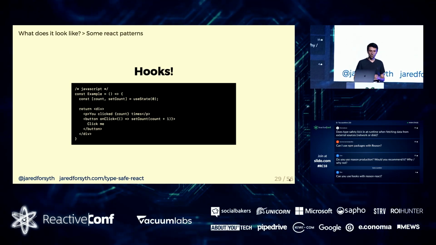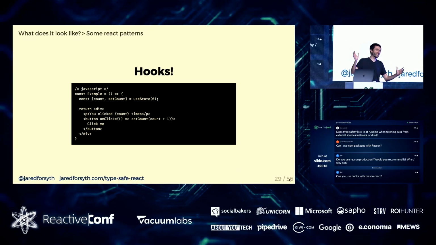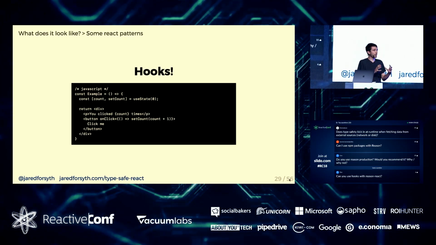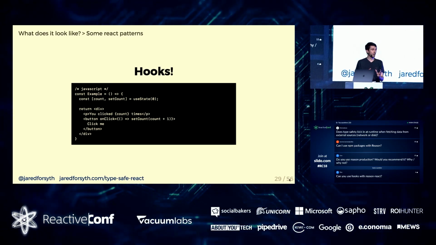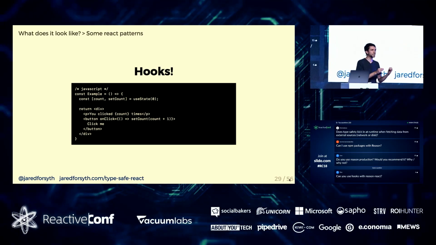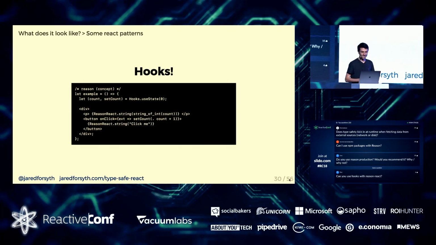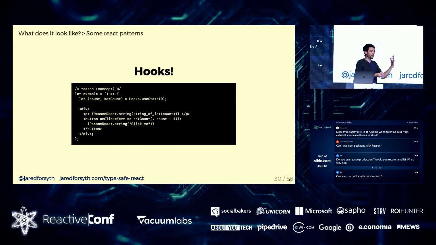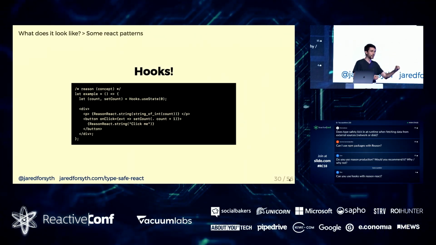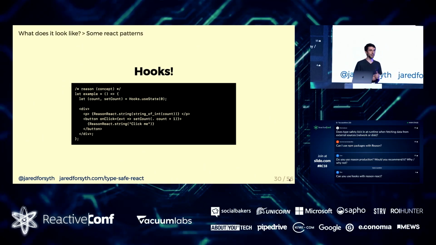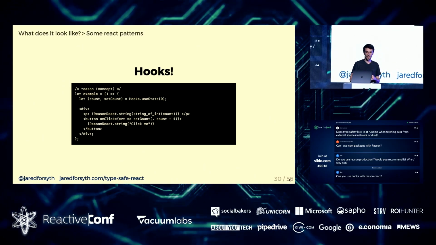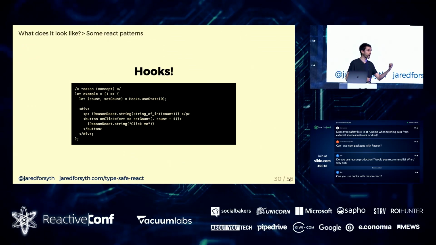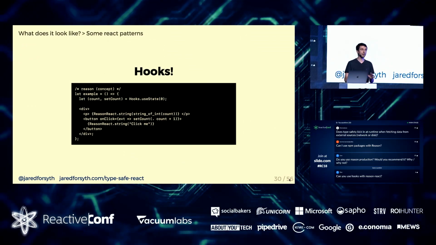And if hooks get accepted, right, it's still an RFC, then it will make Reason React a lot more similar, right? Because it's just embracing functional ideas. The Reason looks almost exactly the same. Because you can call the Hooks.useState, you can get the current state and the setter function. And it will actually make the differences between using React in JavaScript and React in Reason much, much fewer.